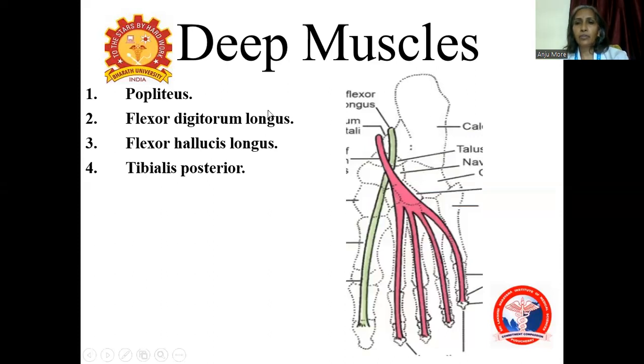In the diagram, we see the tendon of flexor hallucis longus reaching for its insertion to the terminal phalanx of the great toe, whereas flexor digitorum longus crossing the tendon of flexor hallucis longus to reach for its insertion to the lateral four toes, each respectively at the terminal phalanx of the lateral four toes.